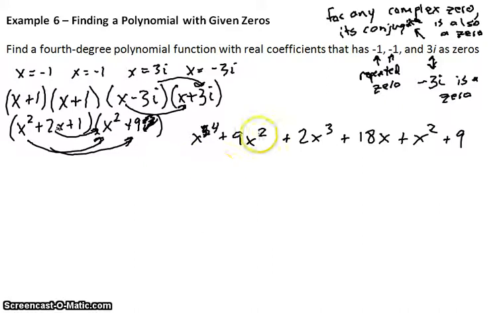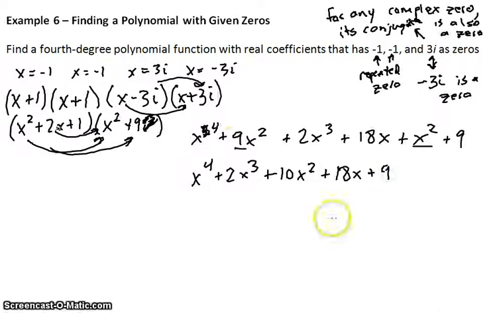So if I combine like terms, I have x to the fourth plus 2x cubed plus 10x squared plus 18x plus 9. And there is my polynomial, and if I set that equal to 0, those are my 4 zeros.